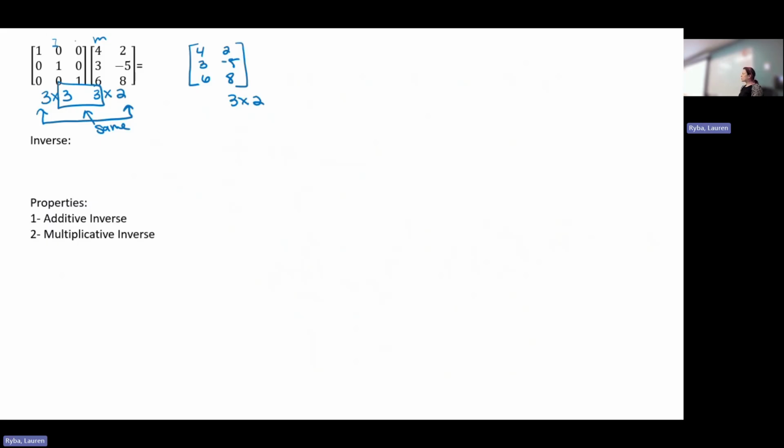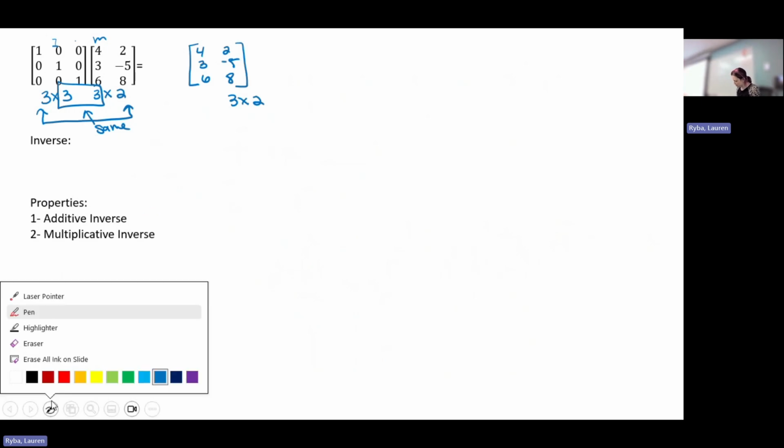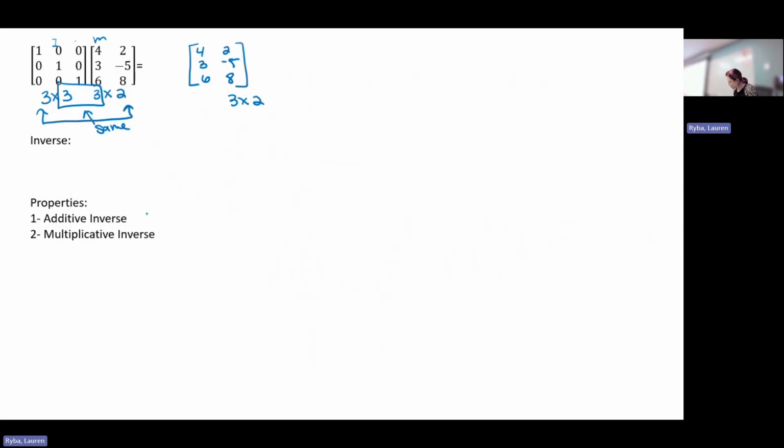So what's the identity in addition? The identity means that if I add it to a number, it doesn't change the result. What number can I add to any number that doesn't change my result? Yes. Right? If I take 5 plus 0, it stays 5.